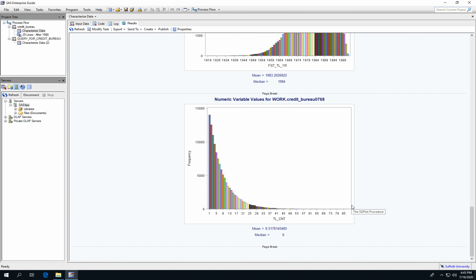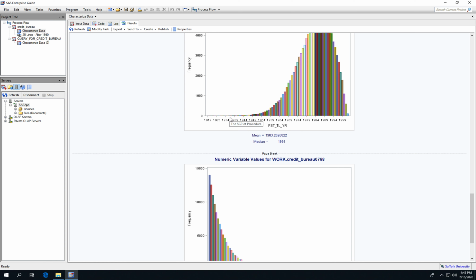And then we have the opposite, a positive skew on the trade line count. After about 25, there isn't a lot of data there. Now, I tried putting this through the graphs, but it was erroring out. A lot of it was because a lot of these data points didn't have enough information to really produce a good graph.